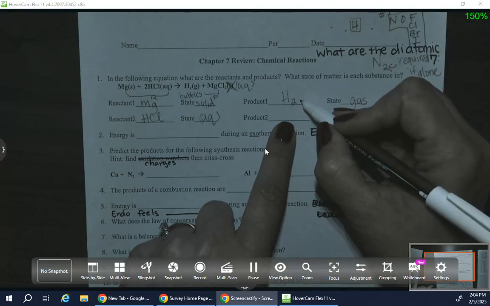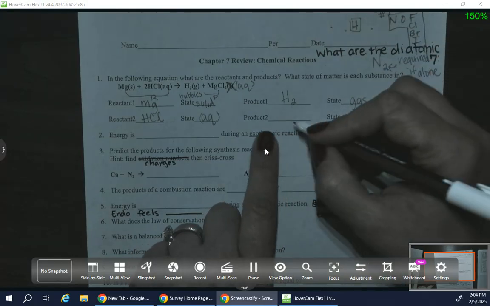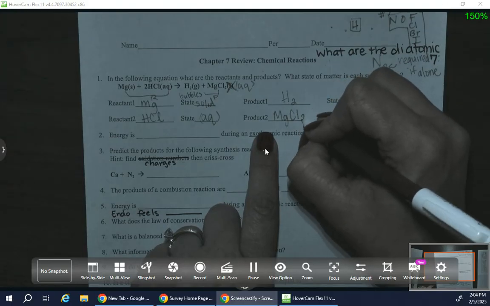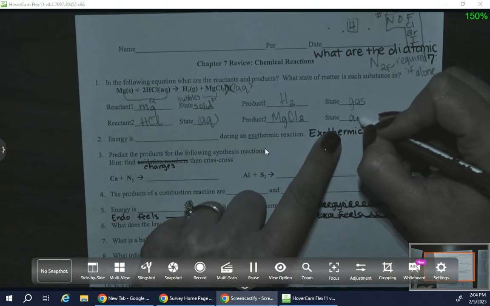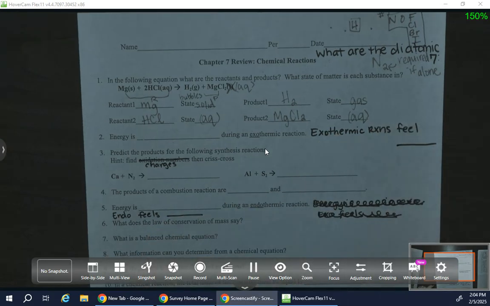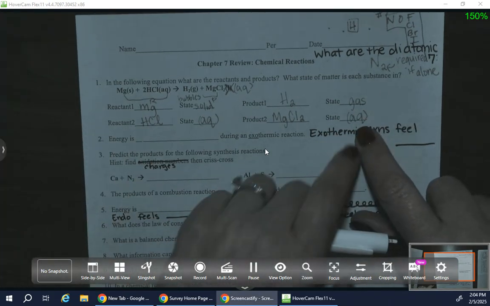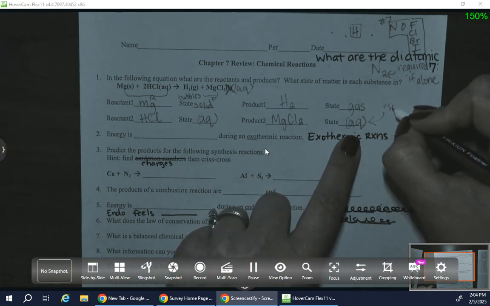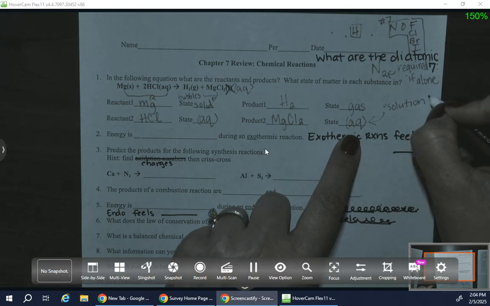Remember that little 2 is coming from this idea of our diatomic 7. Product 2, we have MgCl2, and it should be aqueous. Okay. Aqueous just means that it's dissolved in water, so it means a solution. Okay.